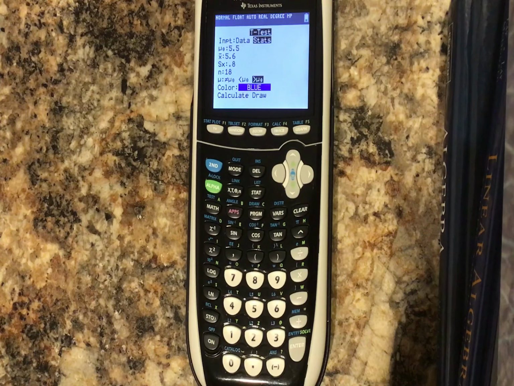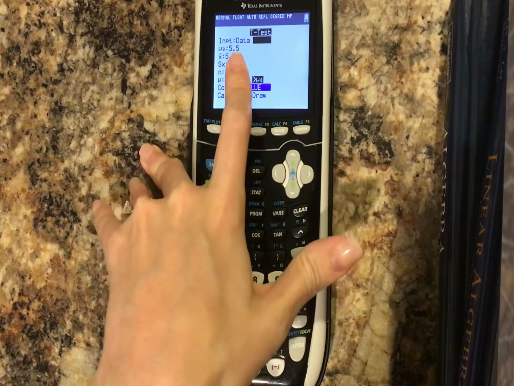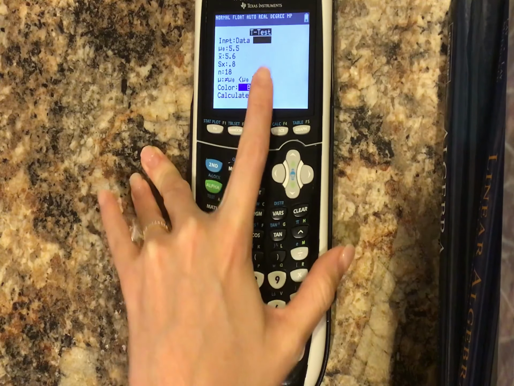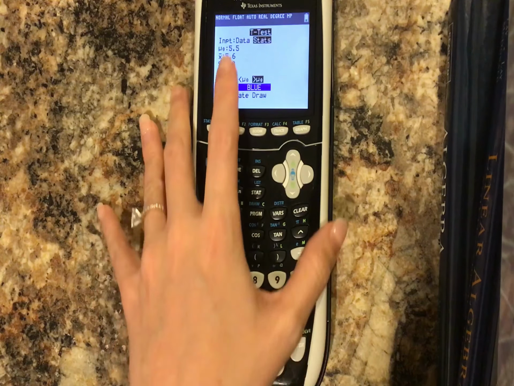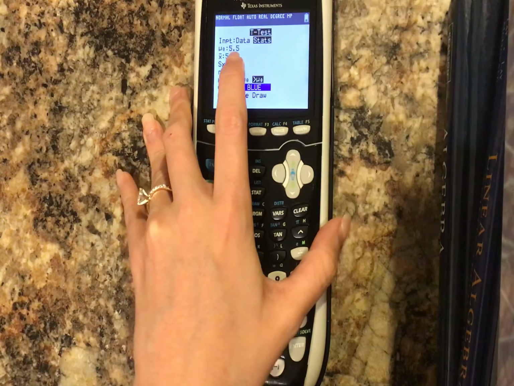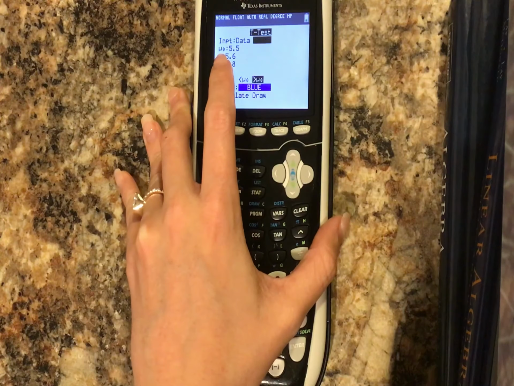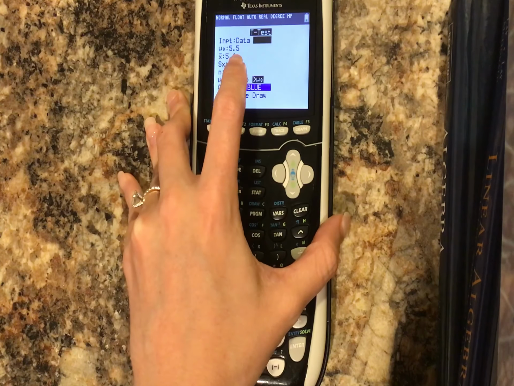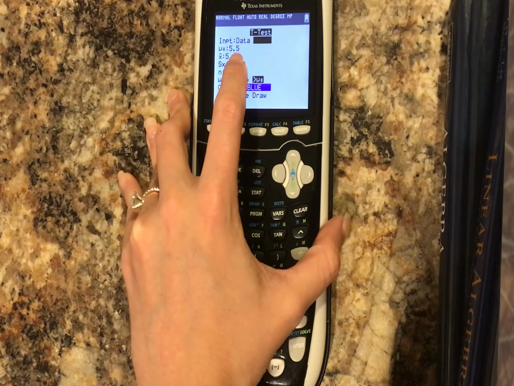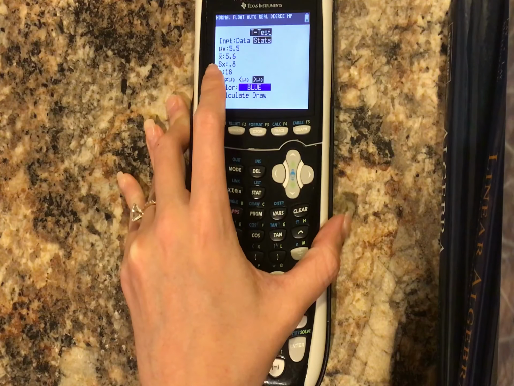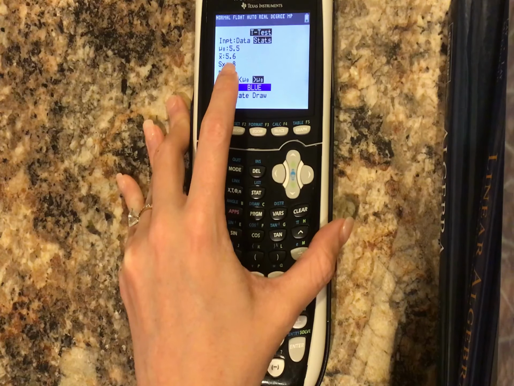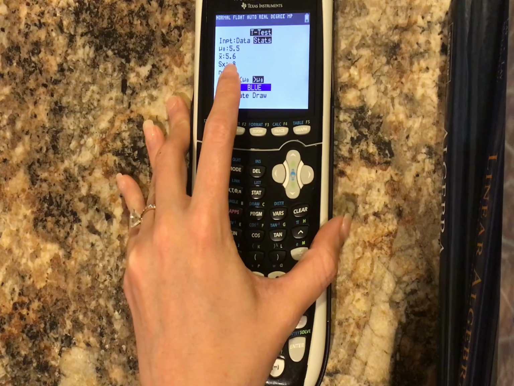If you were given data, you would just put your list of data into your calculator and then hit data instead of statistics. But in this problem, we have statistics. So the value that we're hypothesizing about, whether it's true or not, goes in the top under mu0. So that was 5.5. Then in our problem, the sample had a mean of 5.6.